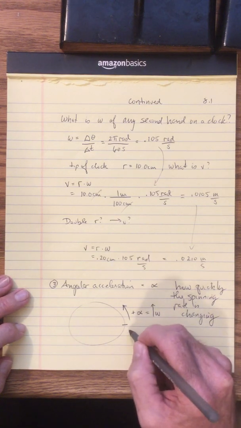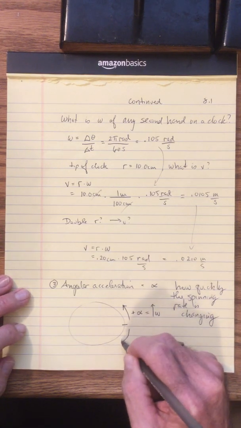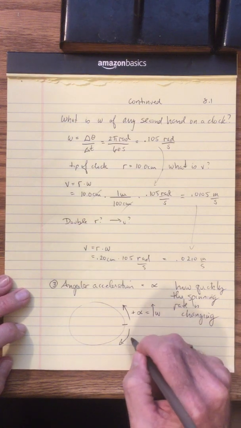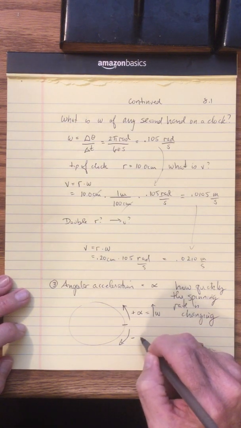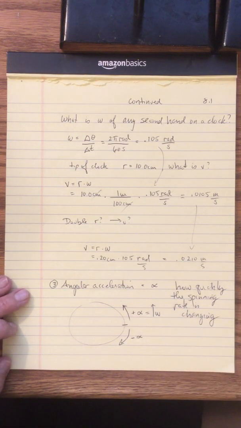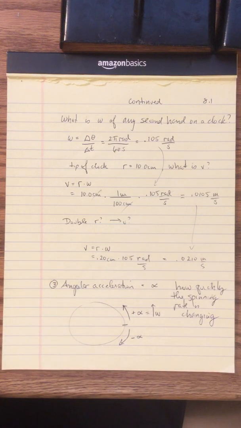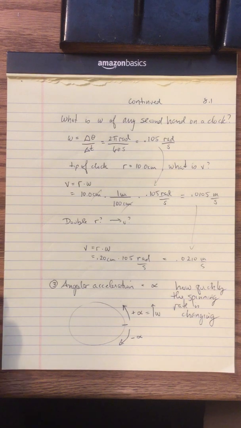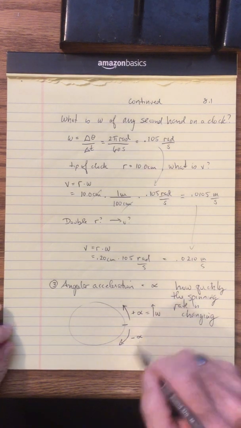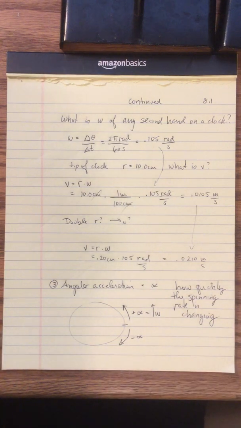Okay, if you're spinning in this direction, you can also have a negative angular acceleration. You're still increasing your spinning rate. You're just doing it in the opposite direction.